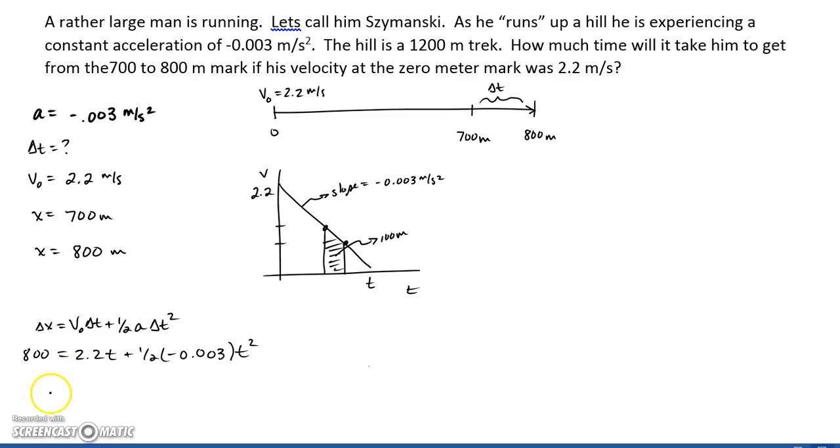I've got a solver in my calculator that lets me solve it, so I highly recommend you doing that. You'll get two answers, so I get t equals 800 seconds, or t equals 666.6 repeating seconds. That's interesting. There's two possible times.